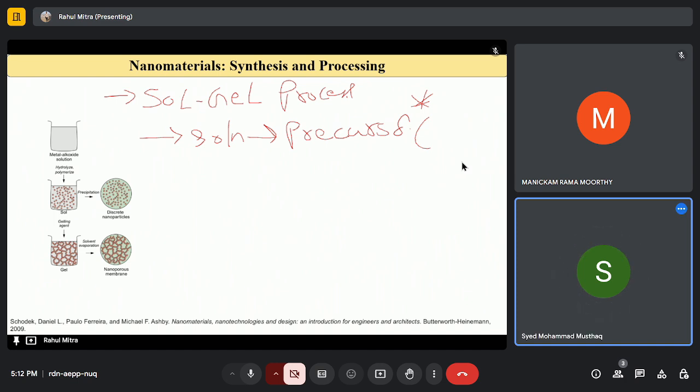Now, the next step is we add some polymerizing agents to this precursor solution.